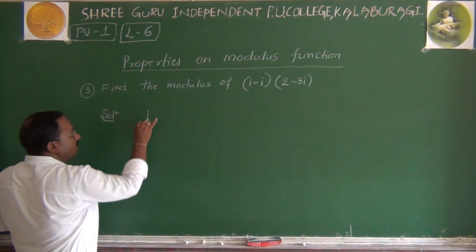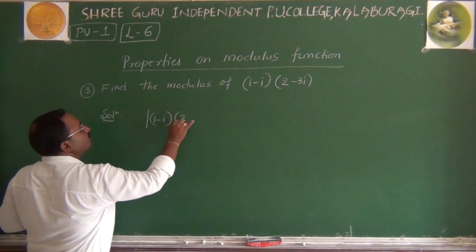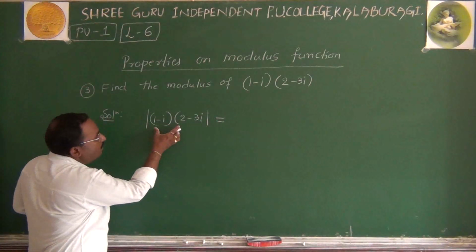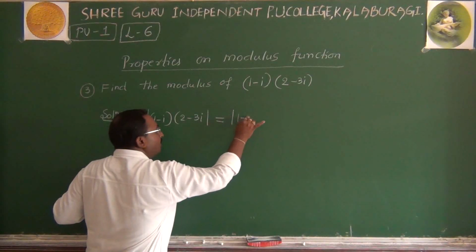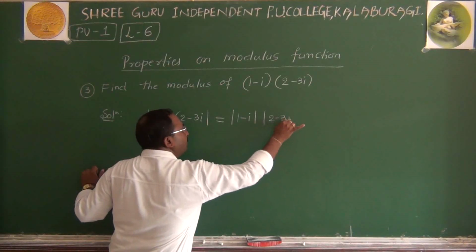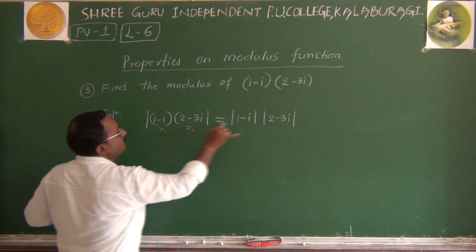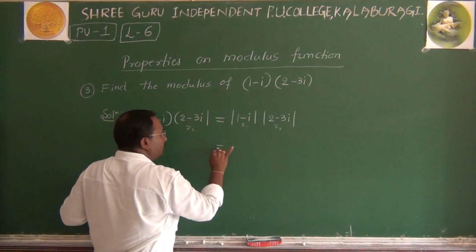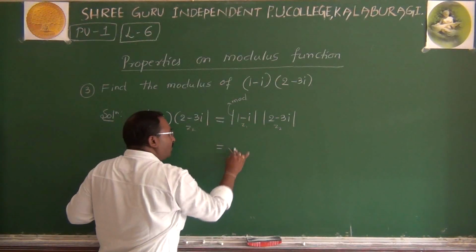The modulus of 1 minus I into 2 minus 3I is equal to modulus of Z1 into Z2, which is what? Modulus of Z1 into modulus of Z2, separate moduli. This is Z1, this is Z2. This can be written using the definition of modulus, square root of real part square plus imaginary part square.